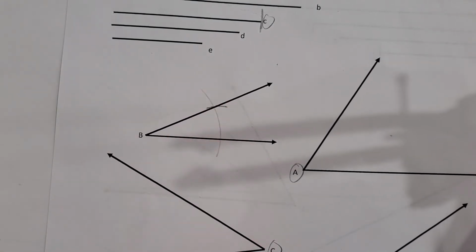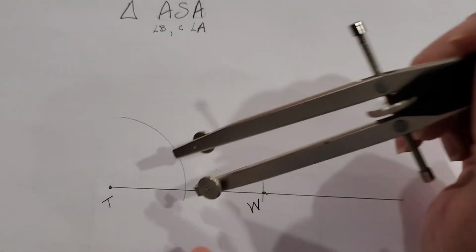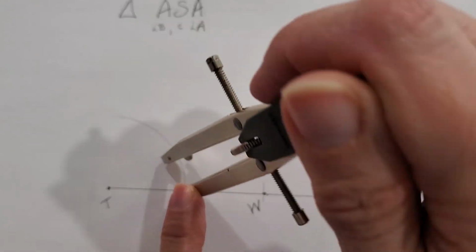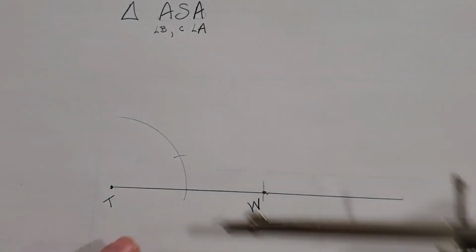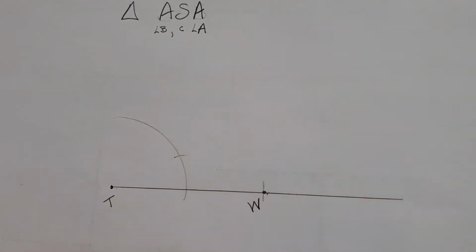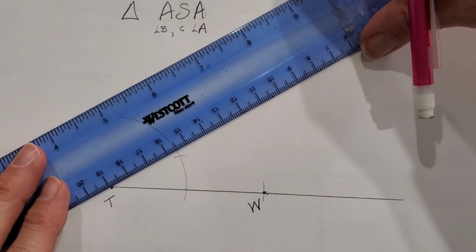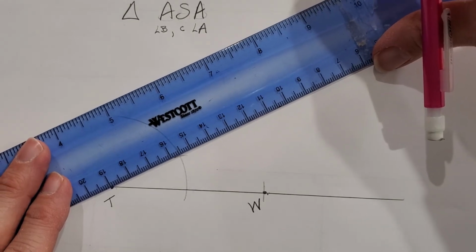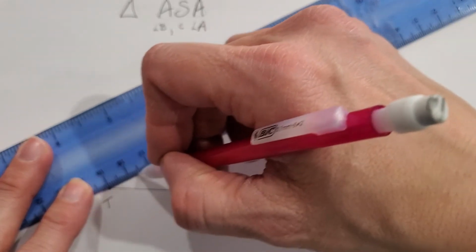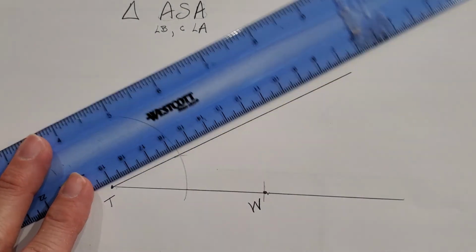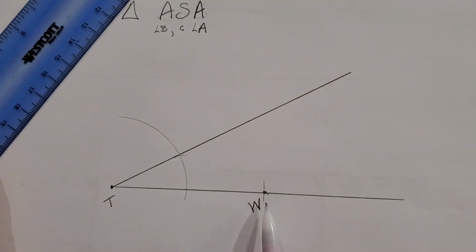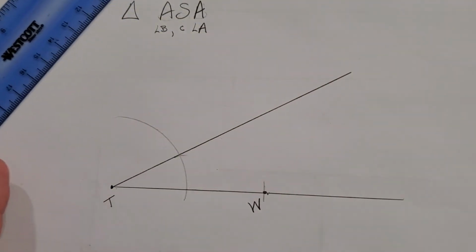I measured the distance with my compass, and now I'm going to measure the distance here with that compass. Right there. Same as the other one. Now I'm going to draw that side of my angle. I don't know where it stops because I still have to construct the other angle at W. So I just drew it that long.